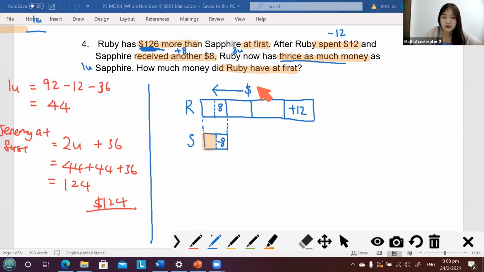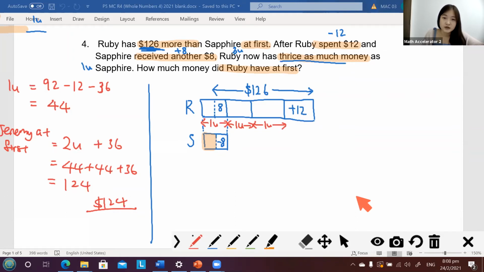Can you check your work? This is 126. So we know that each of these is 1 unit because we drew our 3 times as much just now. These are units.